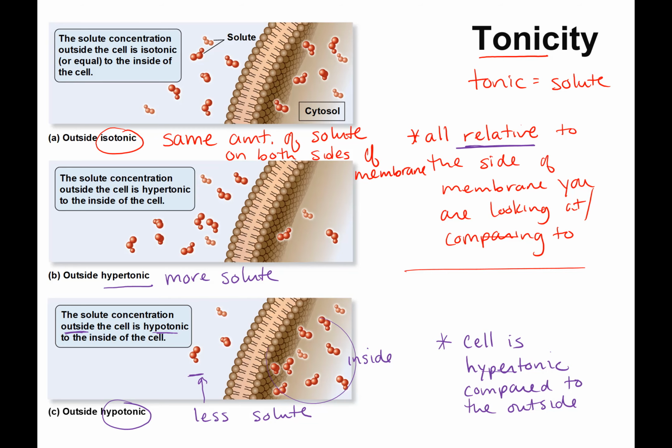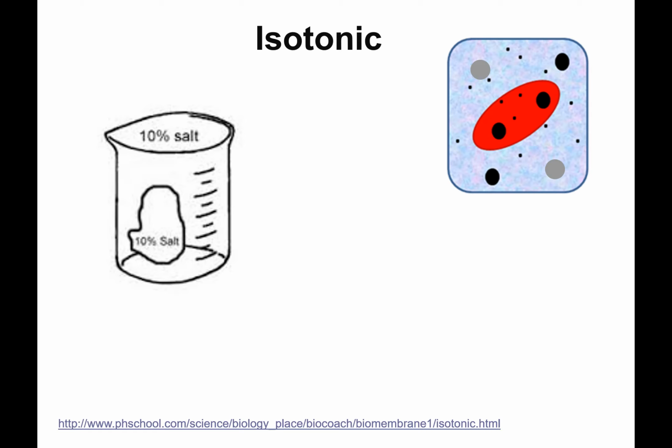So let's look at these again. Isotonic. So in these diagrams, the big black circle is the solute. And for these black circles, there's the same number on the inside as the outside. What I like to use better is actual values.